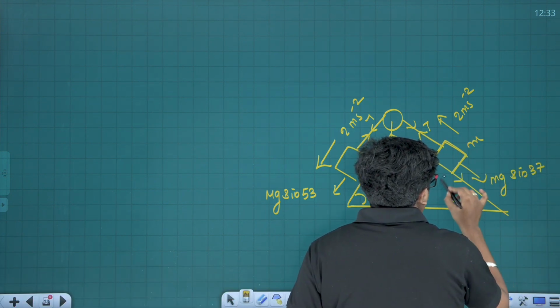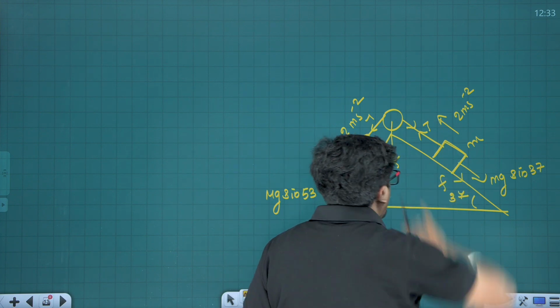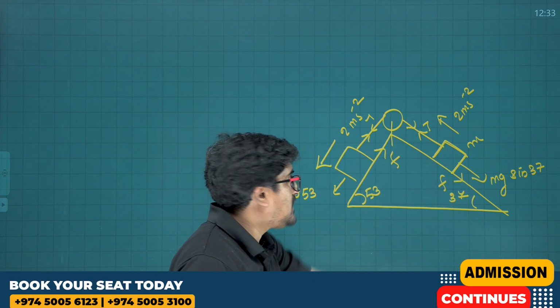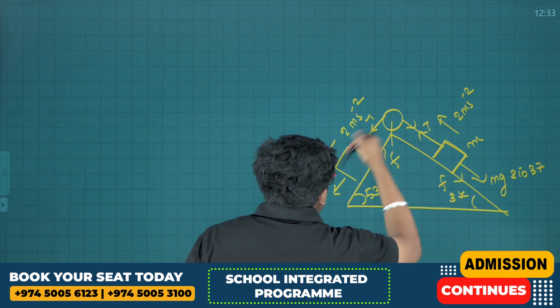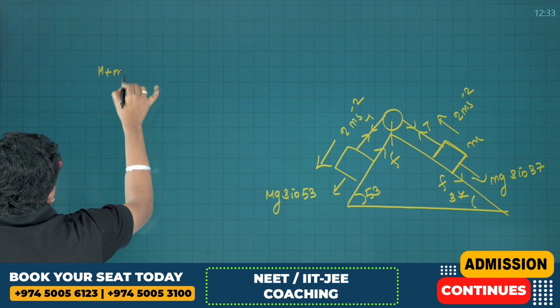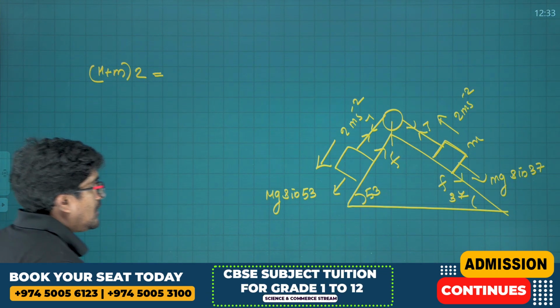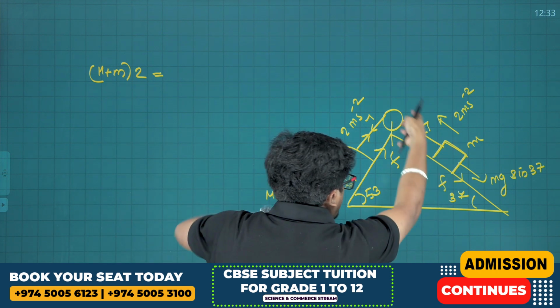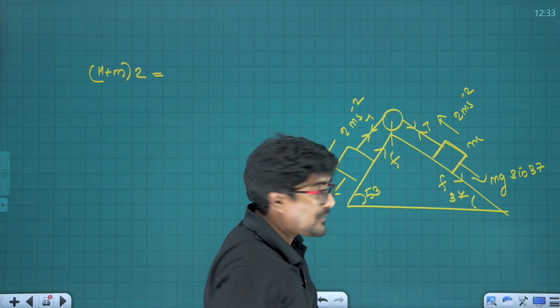Here you are going to have friction in the opposite direction, in the upward direction for one plane, and down the plane for the other. If I consider the combined motion, capital M plus small letter m into 2 is the acceleration. That means I am considering the motion like this: here this is coming down and here this is going up.